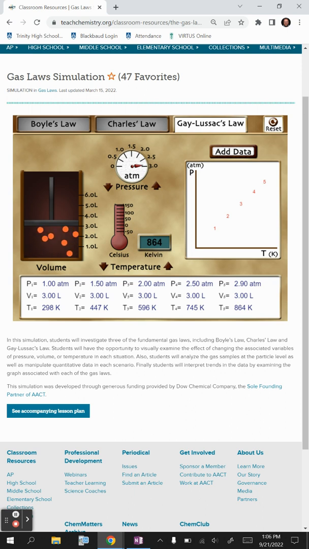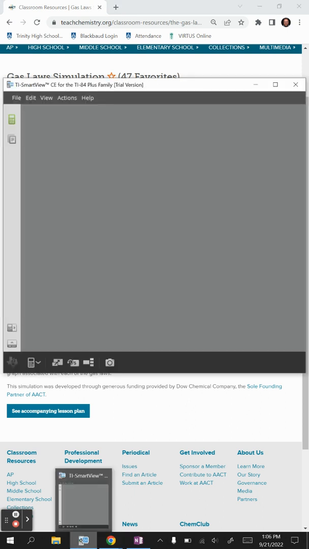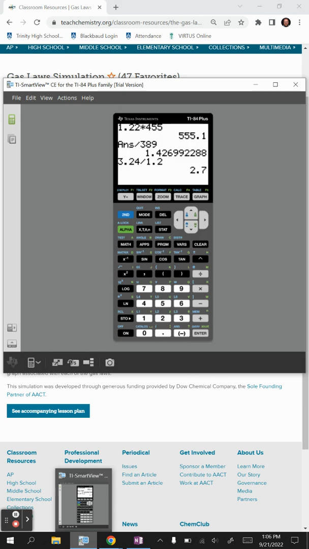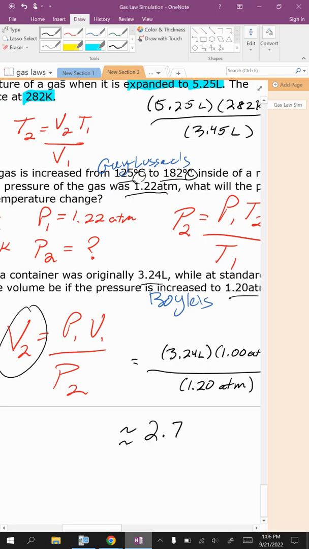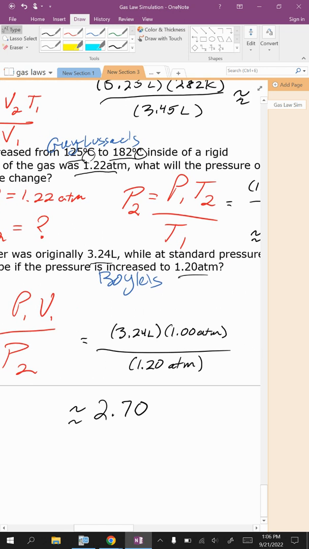Come on, TI. Oh, I got 2.7 exact. Okay. So for sig figs, I'm going to add a trailing 0 after this decimal so I can have 3 sig figs. That's the only thing I had to double check. And the answer again is in liters. So atmospheres cancel.